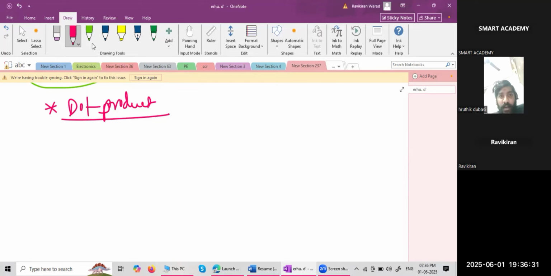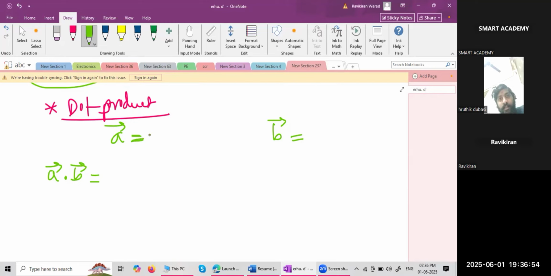Let me consider two different vectors, A and B. You need to find vector A dot vector B. To find this, these two values must be given.